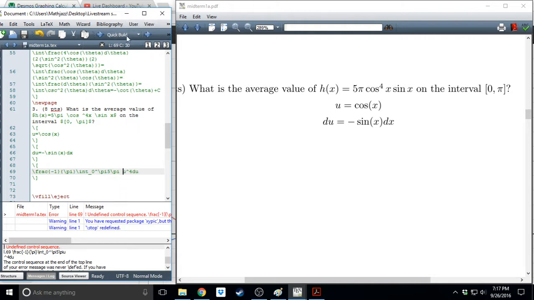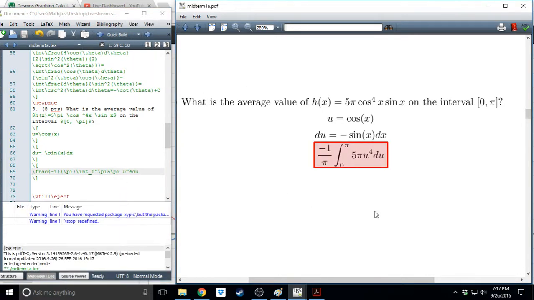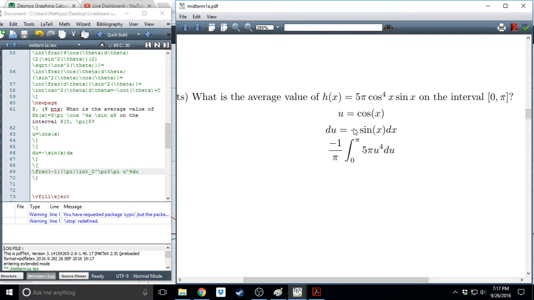Anyway, so sine x dx became negative du. Here's the negative sign. Here's the du. Cosine to the fourth x became u to the fourth. The 5 pi is a constant, so we leave it alone. And pi was the length of the interval, so we divide by it. This integral will represent the average value of this function.